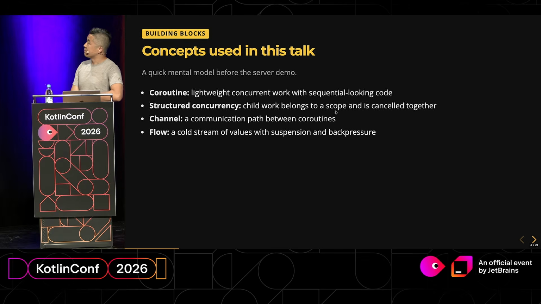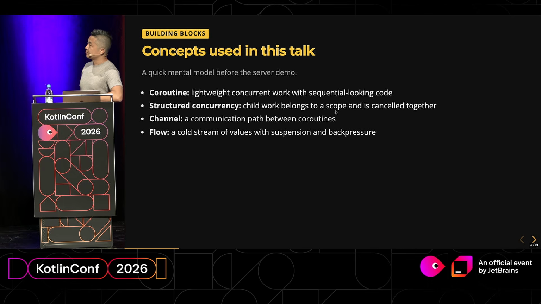We have the channel. It's a way of communicating between coroutines. Channel is a pretty useful construct in Kotlin, and it's highly optimized for this cross-coroutine communication. So you shouldn't ever use shared memory anymore for communication. You should use channels.